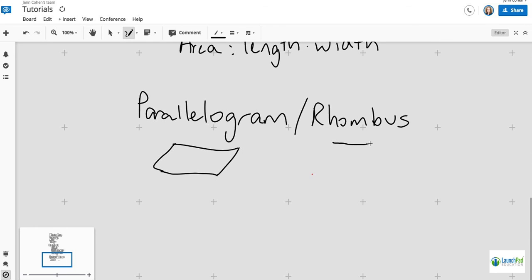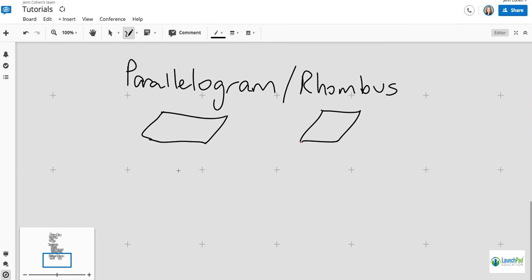And a rhombus looks something like this, where you have either a square or a rectangle slightly shifted, so it looks a little bit lopsided. So the definition of either a parallelogram or a rhombus is opposite sides again are parallel. That should sound familiar.